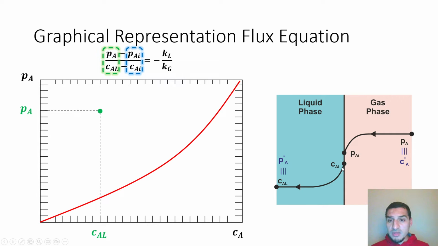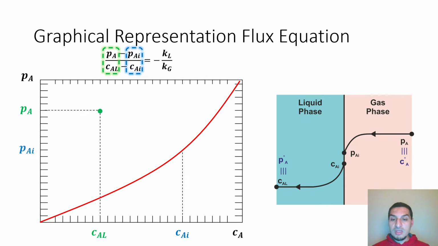According to the two-film theory, these 2 points are in equilibrium. We said that there is no resistance at the interface, so these 2 points are in equilibrium, which means they satisfy this equilibrium equation as well. So the second point is a point on the mole balance line and on the equilibrium line as well. It's a common point between the two equations.